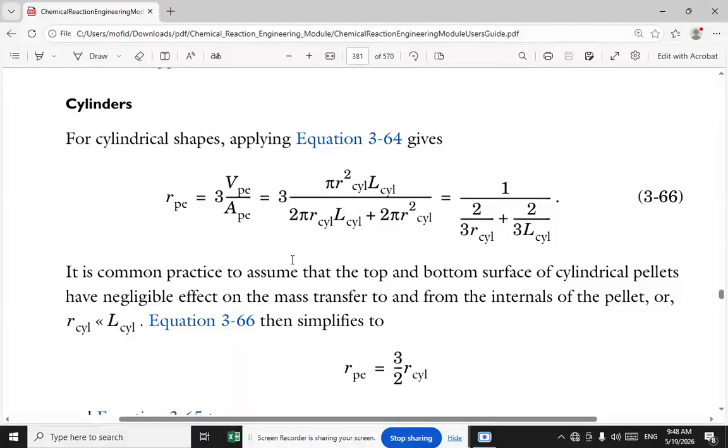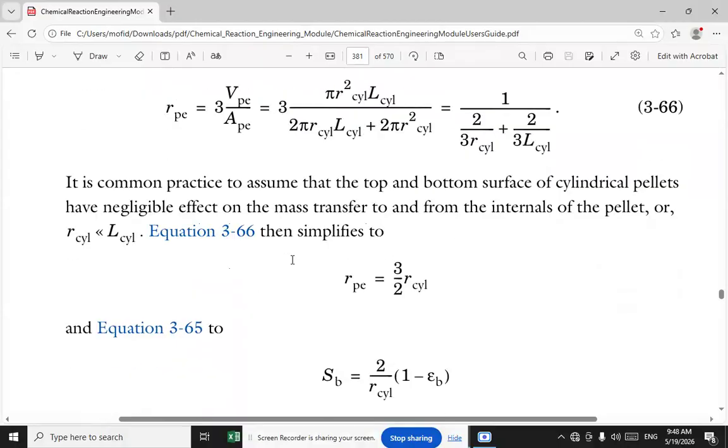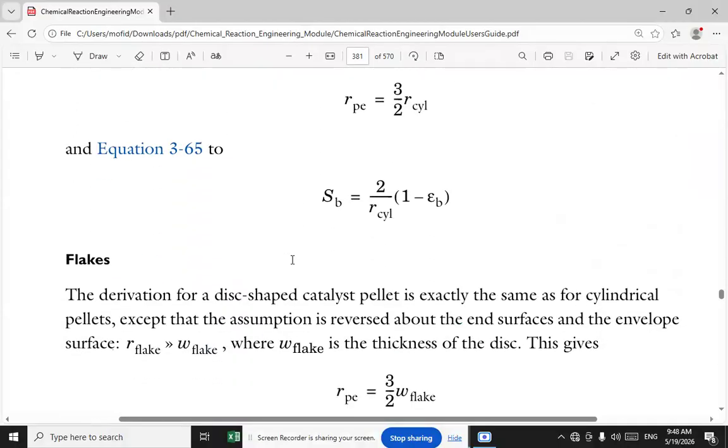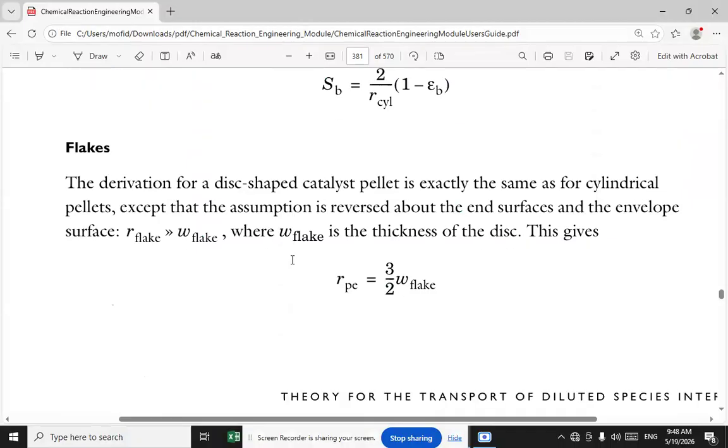Equation 3-66 then simplifies to r_pellet equal to 3 divided by 2 times the radius of the cylinder. Equation 3-65 then shows S_b is equal to 2 divided by the radius of the cylinder multiplied by 1 minus epsilon_b for this shape.